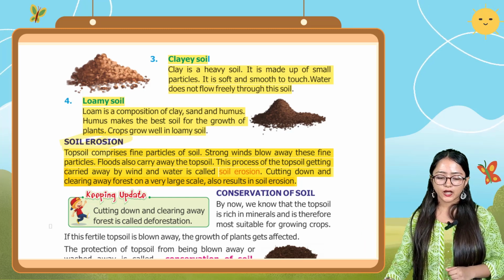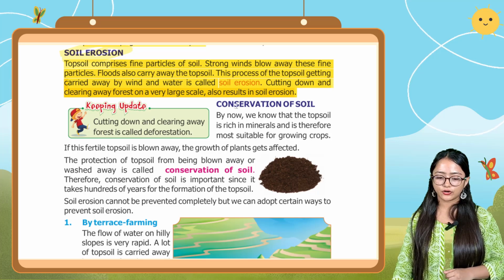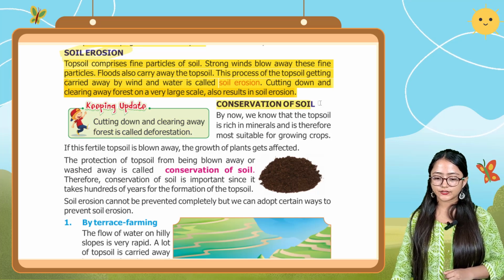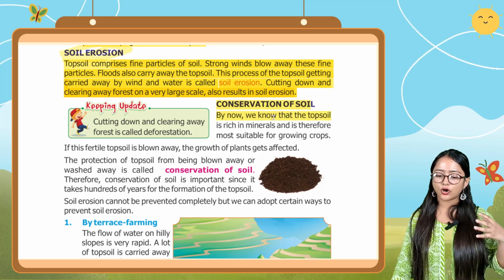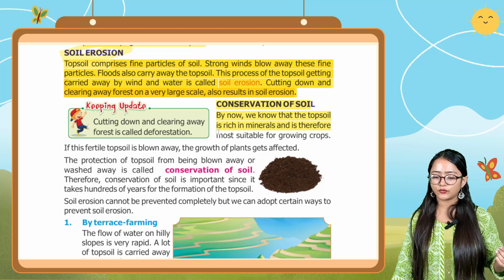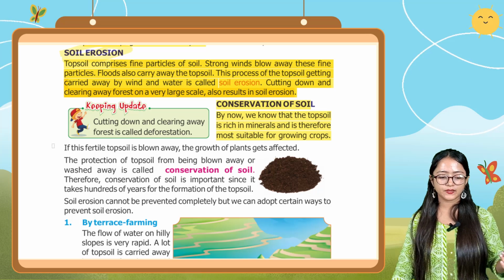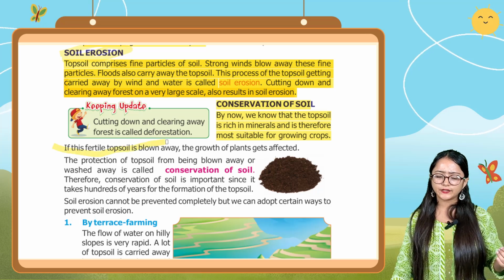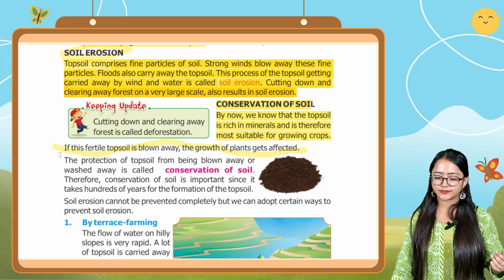Okay, now we come to the next point, that is conservation of soil. By now we know that the topsoil is rich in minerals and is therefore most suitable for growing crops. If this fertile topsoil is blown away, the growth of plants gets affected.